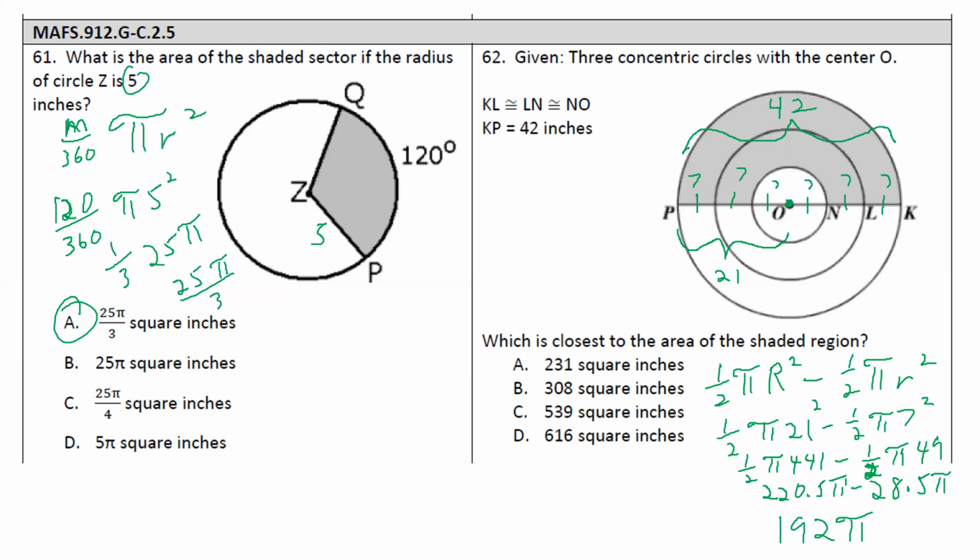We actually have to multiply out pi, which is going to be roughly. Ooh, did I do something wrong? My answer is not up there. I did something wrong. What'd I do?